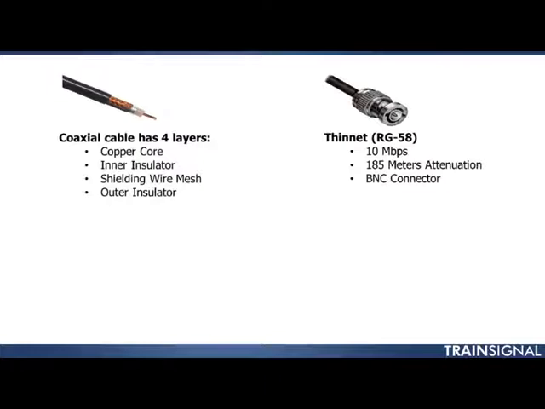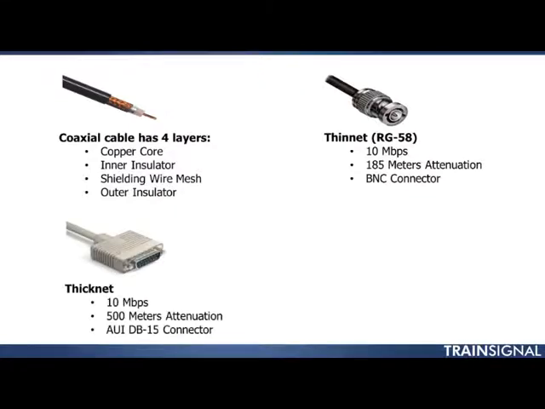Now, along with thin net, we also had something called thick net. Thick net coaxial cable, even though it really doesn't look like a coaxial cable if you look at the picture here, because it just has this very standard computer-looking connector. A thick net coaxial cable also could handle data speeds up to 10 megabits per second. But look at this.